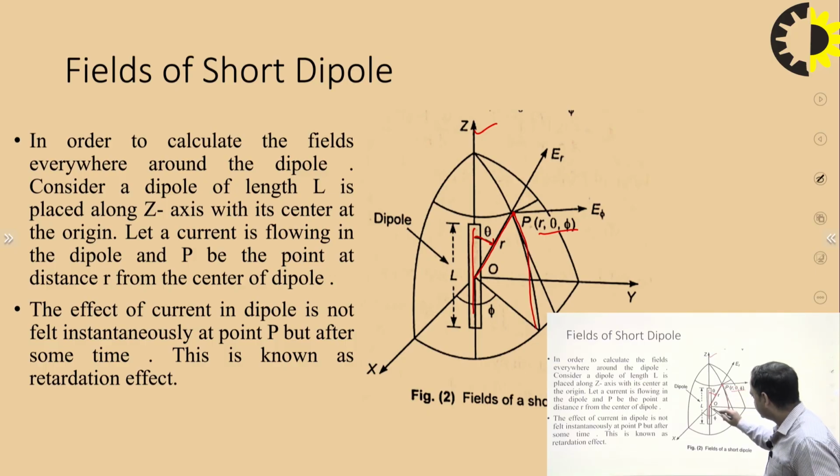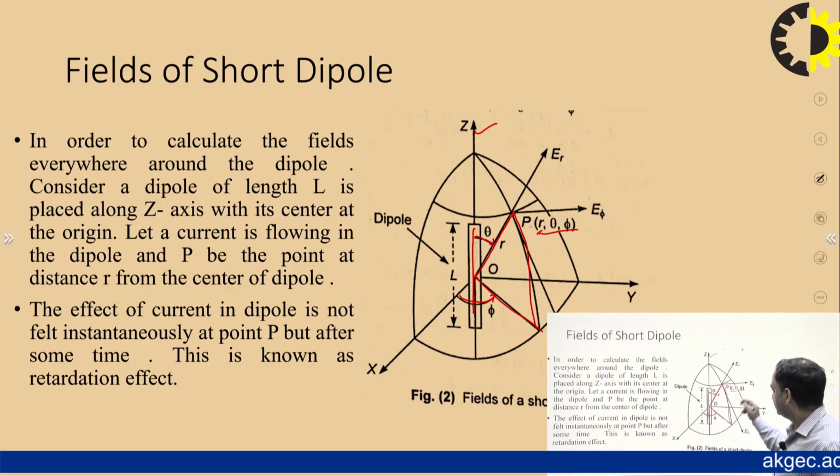When we connect the origin to this projected point, the angle from the x-axis is phi. So small r is the distance from the origin to the point at which we want to measure the field. Theta is the vertical angle from the z-axis, and phi is the horizontal angle from the x-axis.